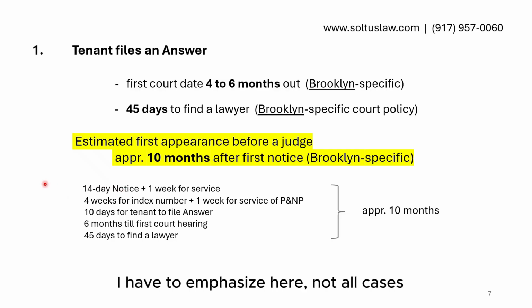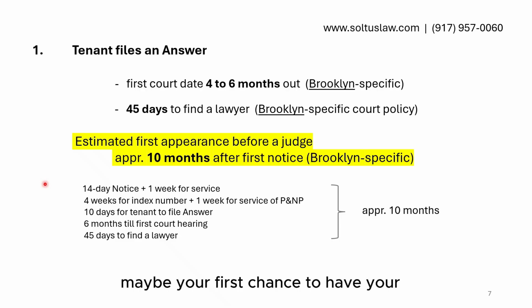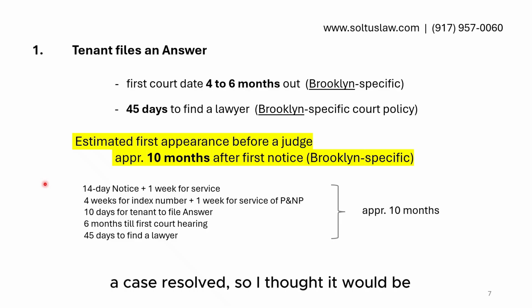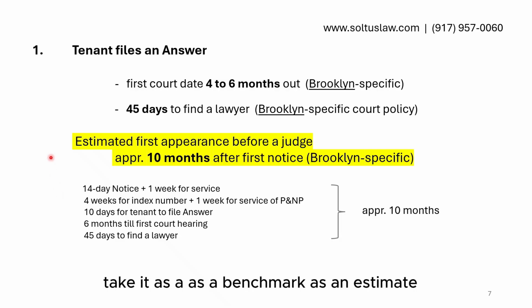I have to emphasize that not all cases, by far, are resolved on the first court appearance, the first day you see the judge. Many cases take much longer, but the first appearance is maybe your first chance to have your case resolved. So I thought it would make sense to take it as a benchmark, as an estimate.